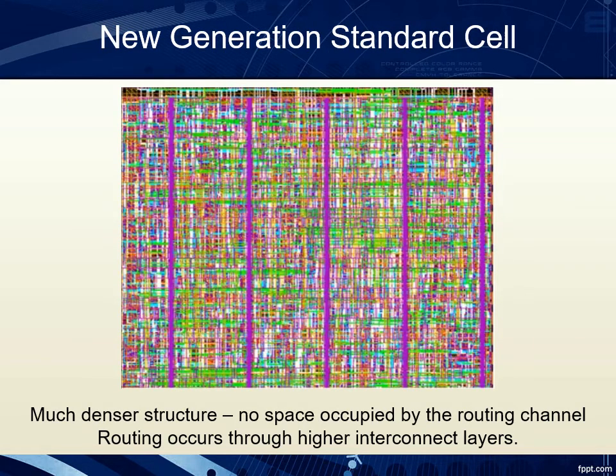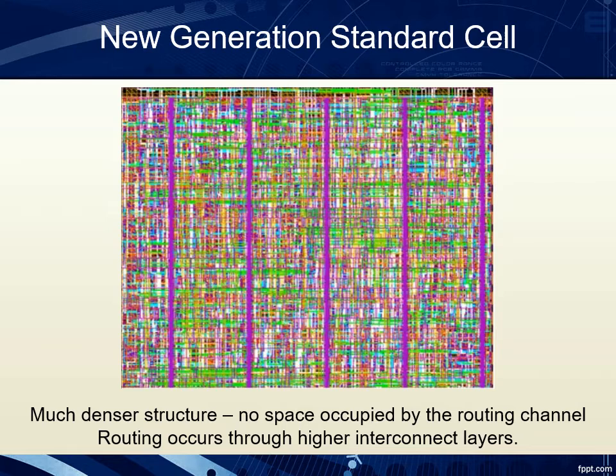On the contrary, here is an image of a new generation standard cell. As you can see, we now have a more compact solution. There are no routing channels at all because the routing is done on top of the standard cells. What we are seeing here are the interconnect layers hiding the cell structures.